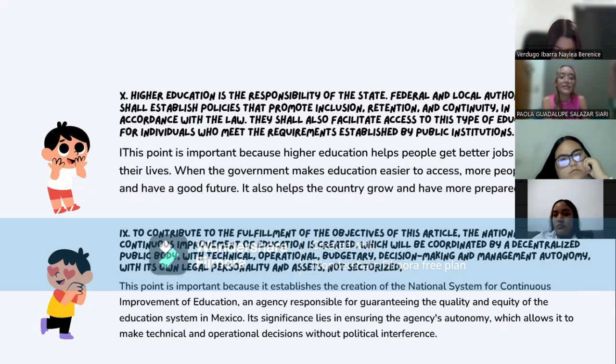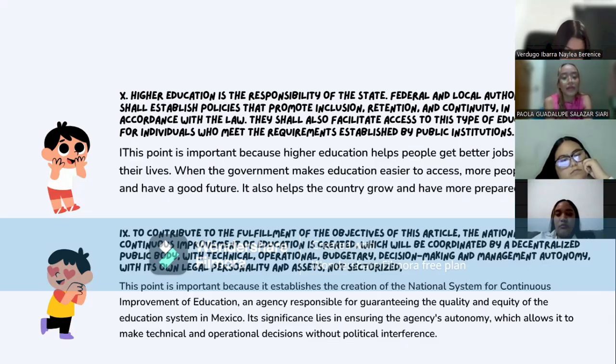This point is important because higher education helps people get better jobs and improve their lives. When the government makes education easier to access, more people can study and have a good future. It also helps the country grow and have more prepared citizens.